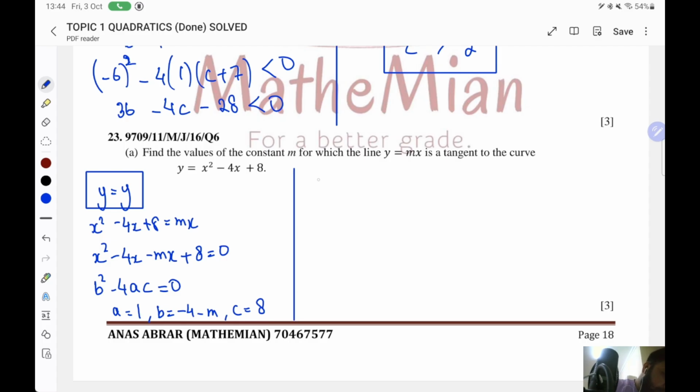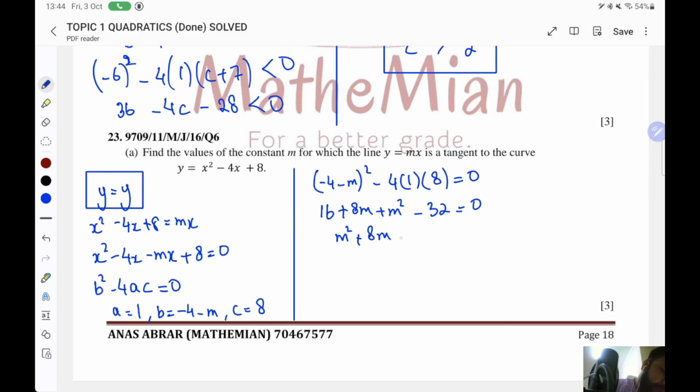So it will be (minus 4 minus m) whole squared minus 4 times 1 times 8 equal to 0. So 16 plus 8m plus m squared minus 32 equals 0. So m squared plus 8m minus 16 equals 0.